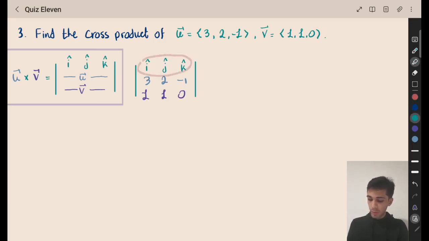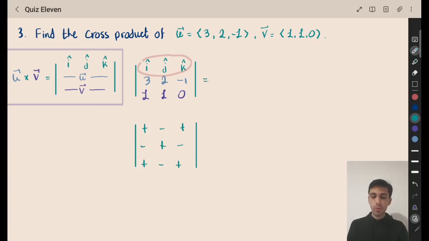If I pick this row, there is a certain thing that you need to remember. I don't know what to call it, but let me show you how it's done.